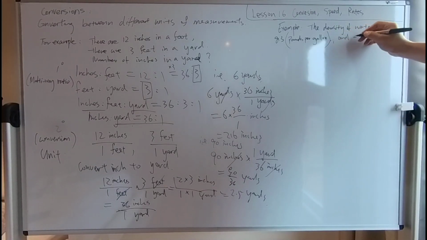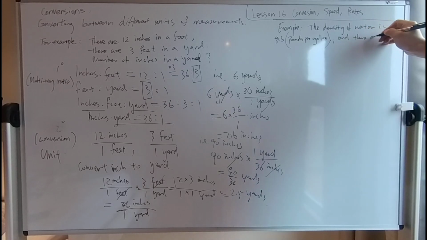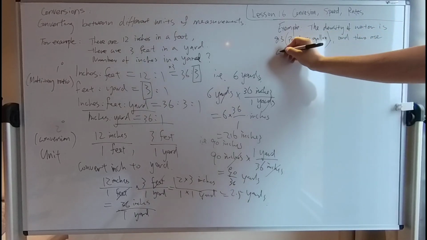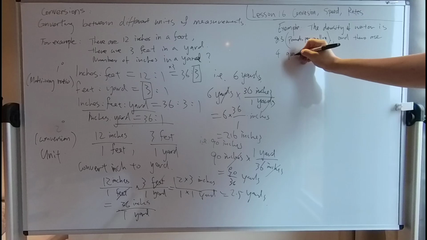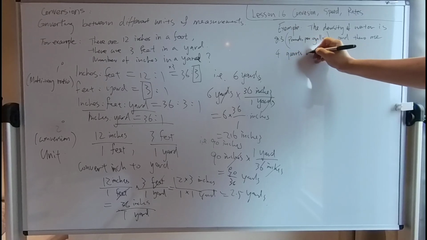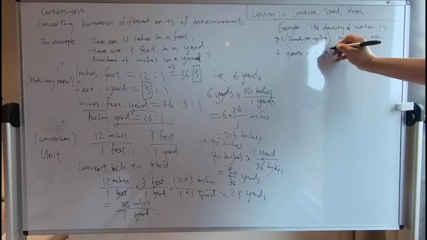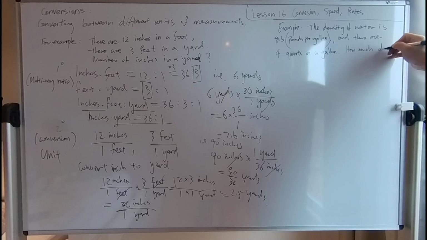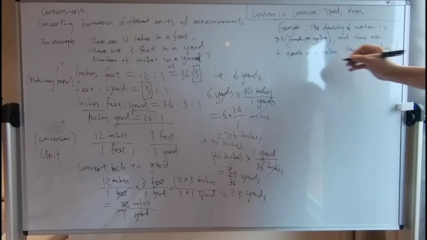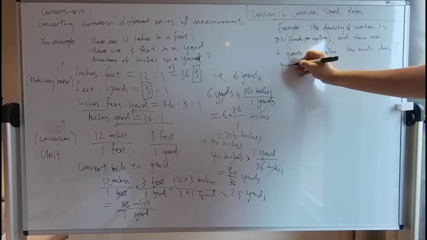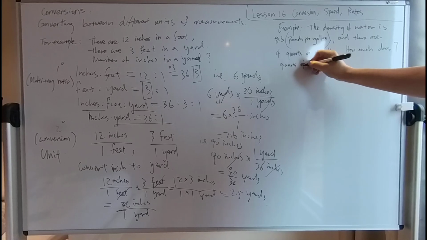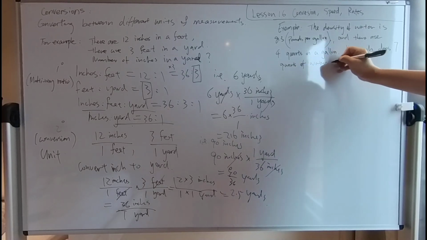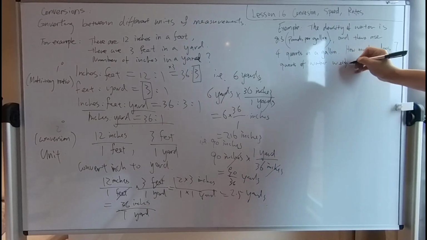And there are 4 quarts in 1 gallon. Then how much does 7 quarts of water weigh?